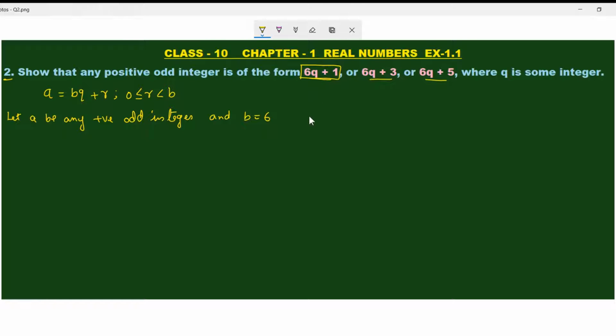If B is 6, then R will be greater than or equal to 0 and less than 6. So now we are going to write the equation A is equal to 6q plus R.